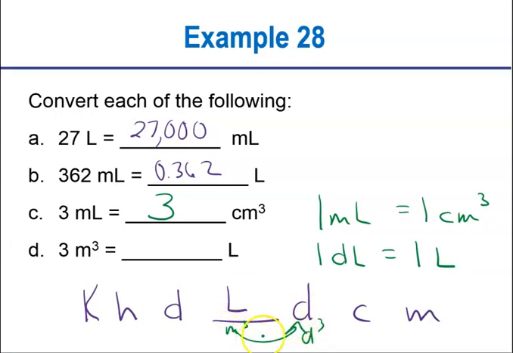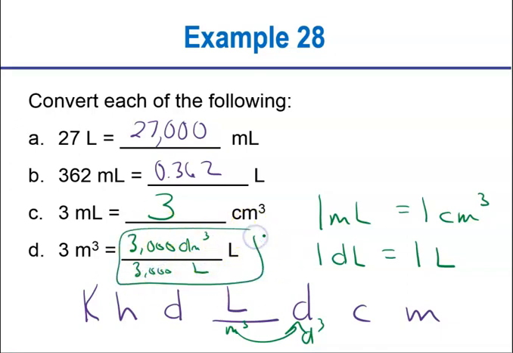But remember, that's 3 jumps when you're dealing with cubed values. And so that will give us 3,000 liters because we're going 3 for each jump. So we went to the right, and that's 3. And then again, that's the same as 3,000 decimeters cubed, which is equivalent to 3,000 liters. These are equivalent.